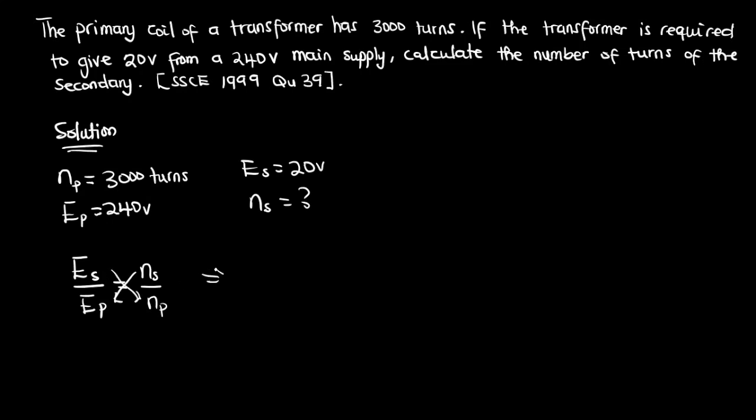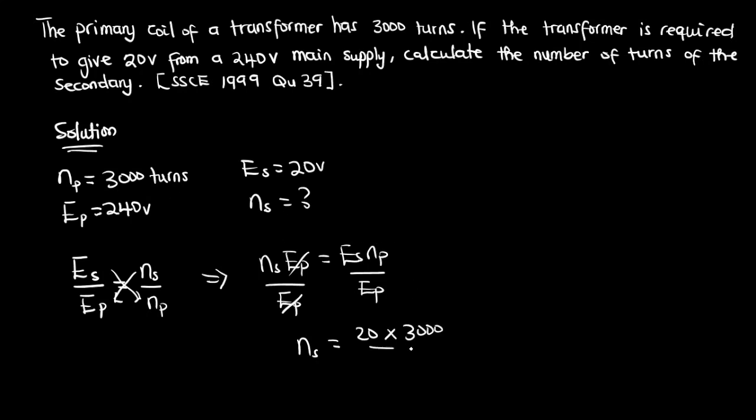So this will give me NS EP is equal to ES NP, right? So I divide both sides by EP, so this will cancel this. So the number of turns in the secondary is equal to my ES, which is 20 volts, multiplied by the number of turns in the primary, which is 3000, over the EMF in the primary, which is 240.